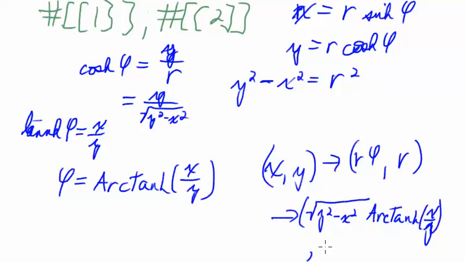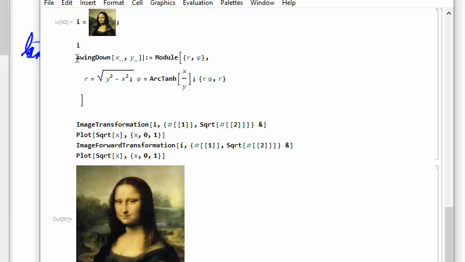All right, let's try this. I'm creating a function swingDown of x comma y, which calculates in it r and phi, which is square root of y squared minus x squared, and hyperbolic arctangent of x over y, and then just returning r phi comma r.